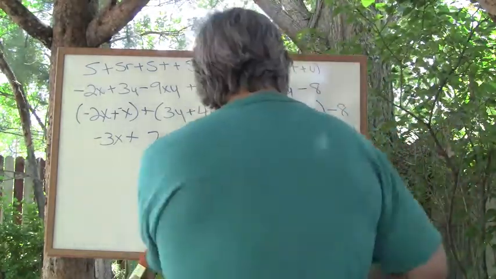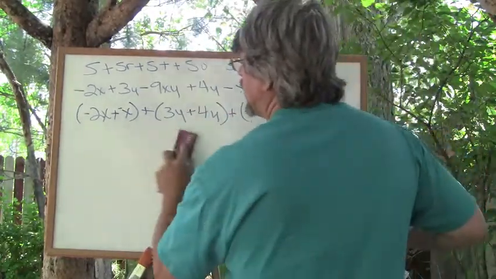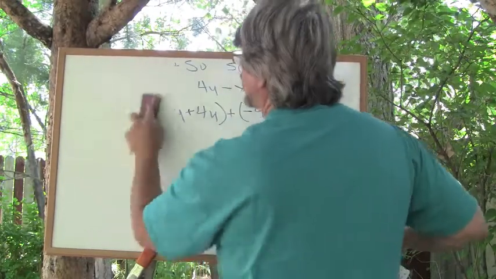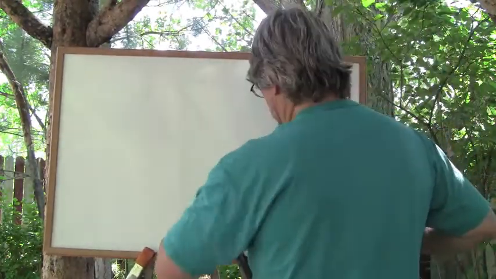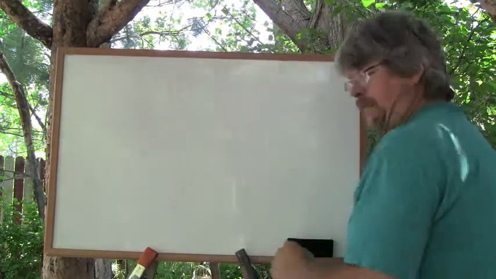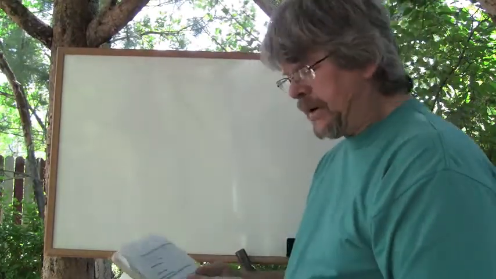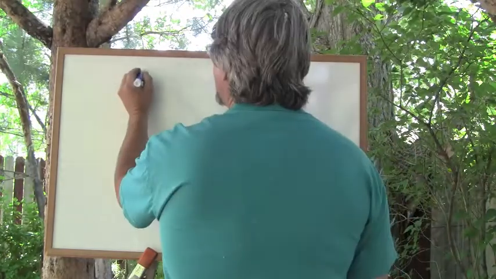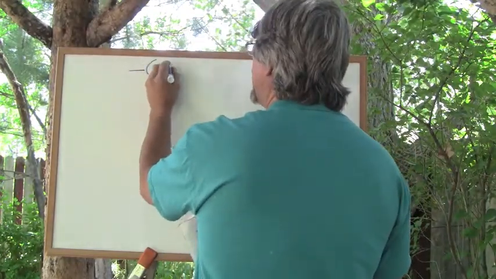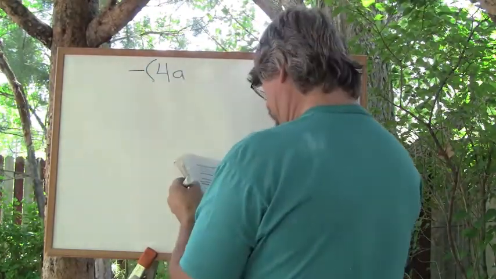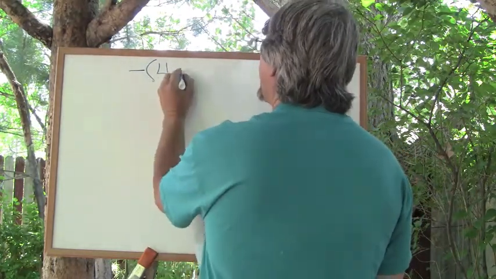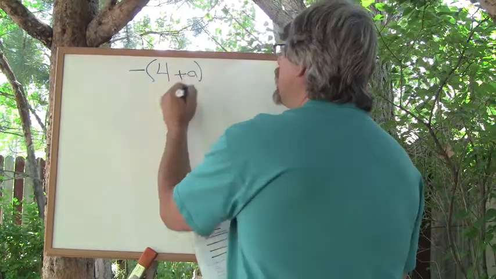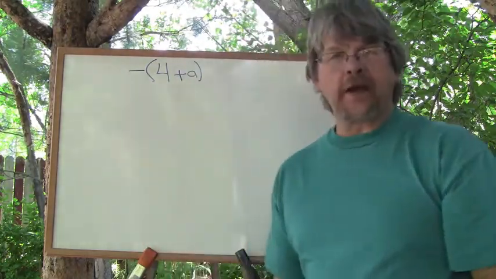Now, there's another important feature in algebra that I want to use as kind of a red alert in your mind. Whenever you see this situation, I'm going to embarrass the heck out of myself by showing you this, but if we have negative 4 plus a.